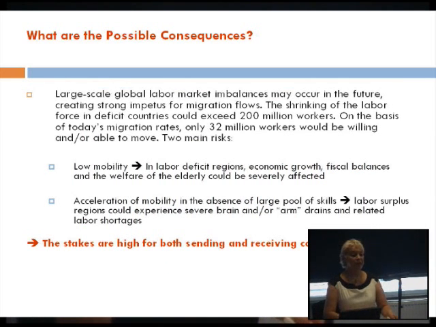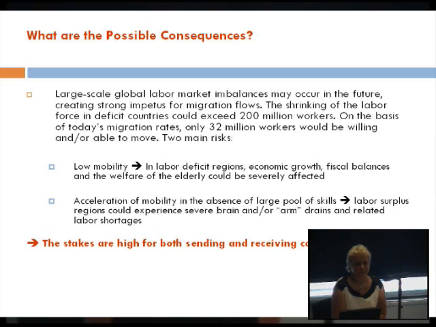Now, what are the possible consequences of what we've seen so far? What this introduction establishes is that there are going to be large-scale global labor market imbalances that may occur in the future, and that will create strong impetus for migration flows.